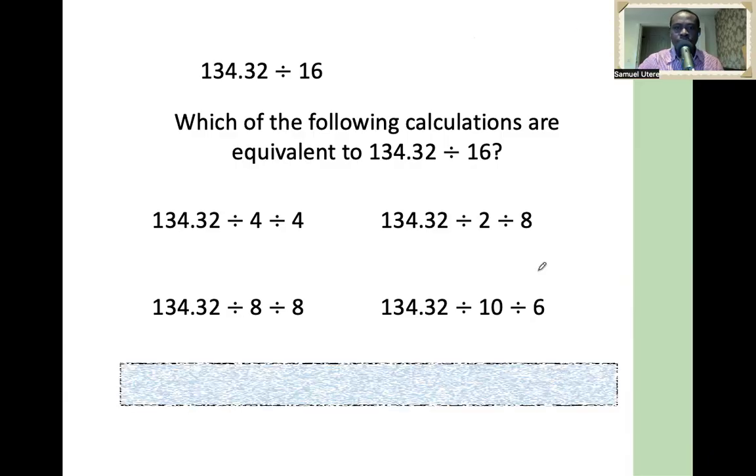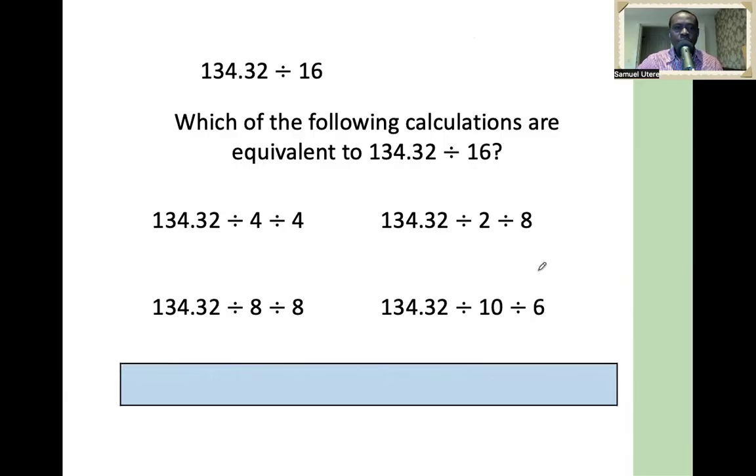For the first one, to divide by 4 means you split the bar into 4 parts, and then you split it again into 4 parts because you need to divide by 4 again, and then you get 16 parts. So imagine if this bar represented 134.32, we have been able to split it into 16 equal parts, which is what we were asked to do.